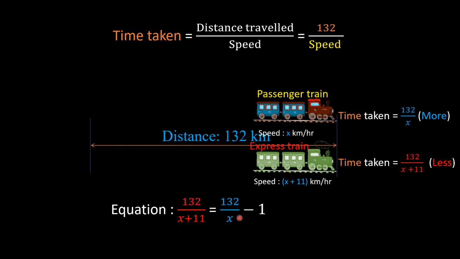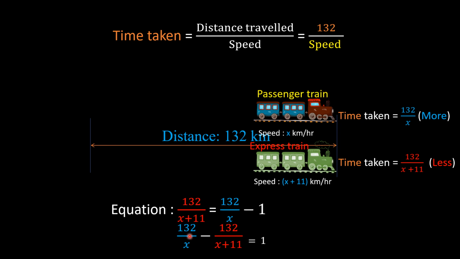We will rewrite this equation as 132 divided by x minus 132 divided by x plus 11 equals 1. We will take 132 divided by x plus 11 to the right hand side, so it will become minus, and we will take this minus 1 to the left hand side, so it will become plus.